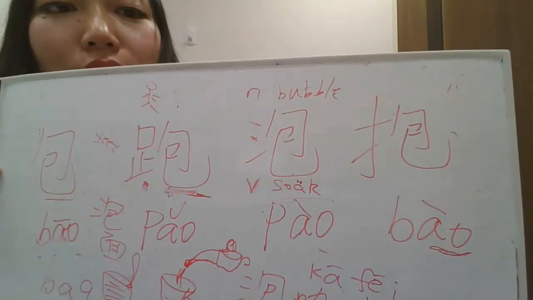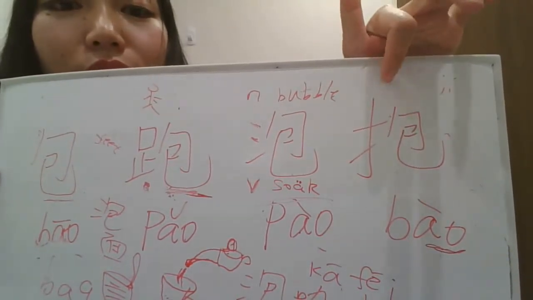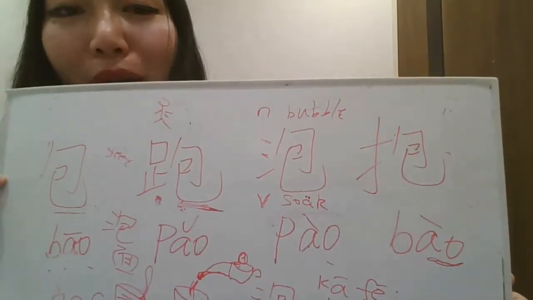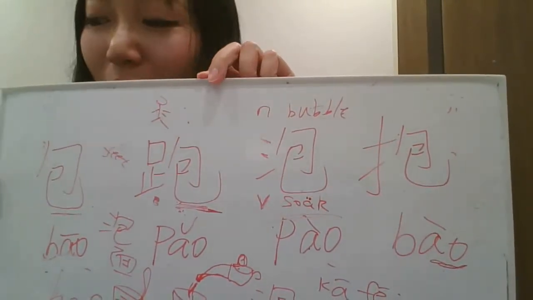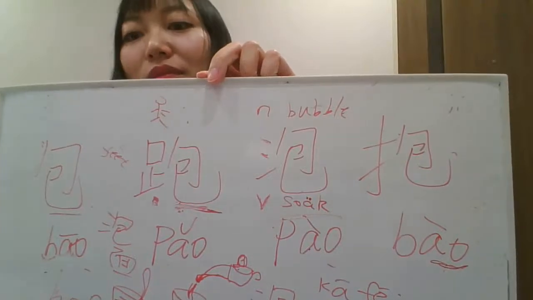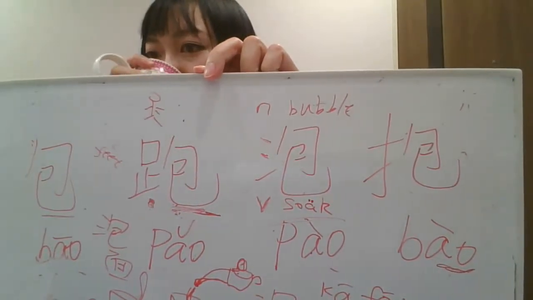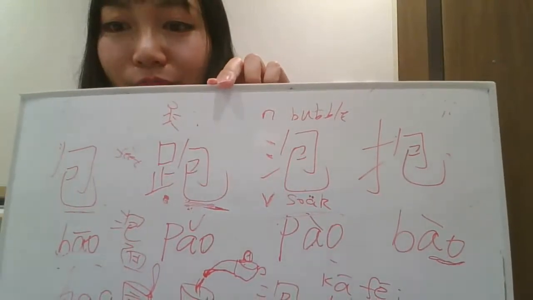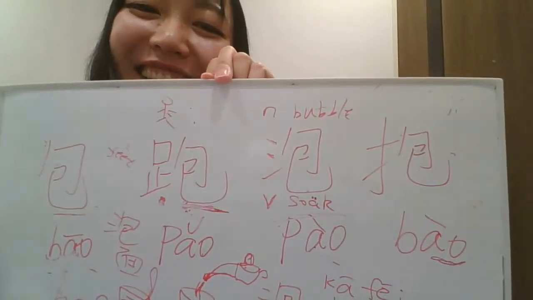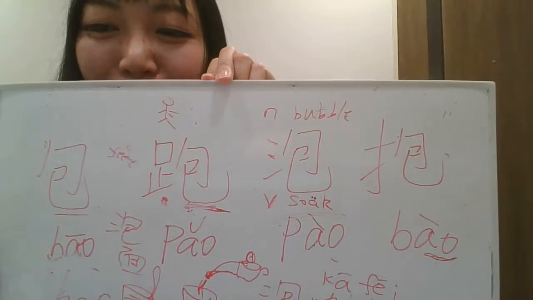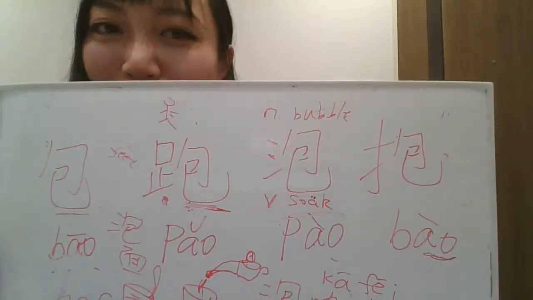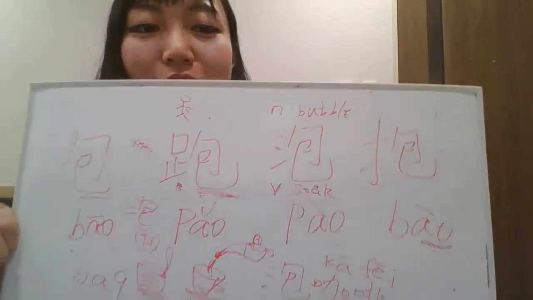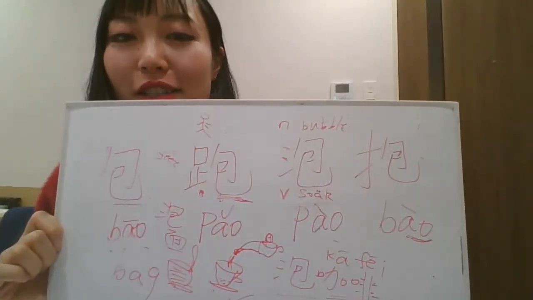This. 抱. What does it mean? 抱枕. Yeah, 抱枕, the pillow. I don't have a 抱枕 around me. So 抱 means to hug.